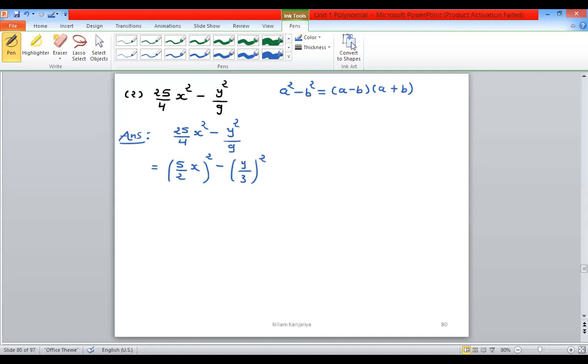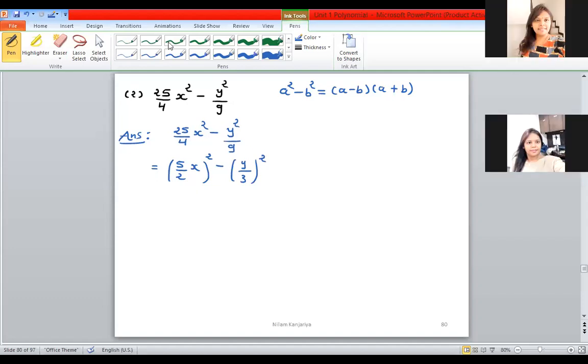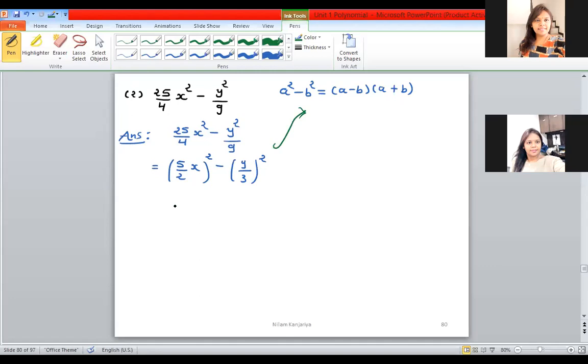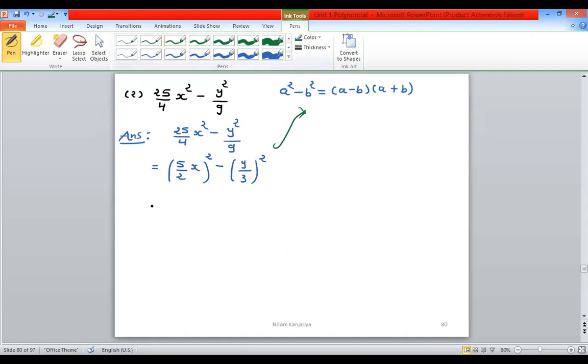Now compare this equation. Now tell me, what happened? Anyone? The first is negative and the second is positive.